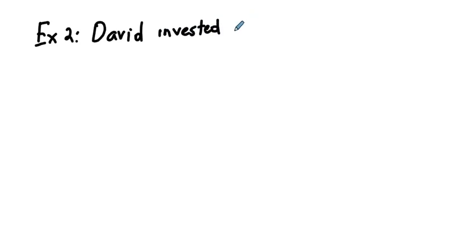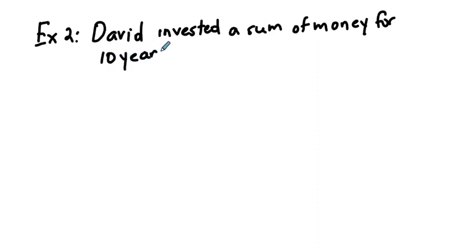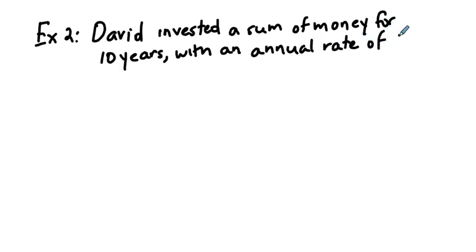So in this example, we'll say that David invested a sum of money, so we don't know how much, for 10 years, with an annual rate of 4%.